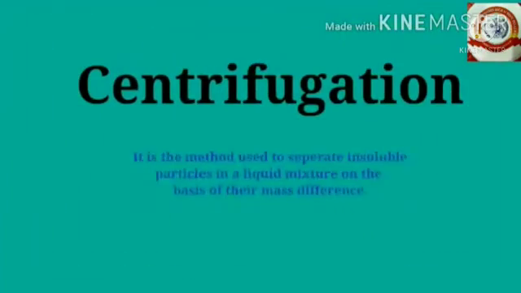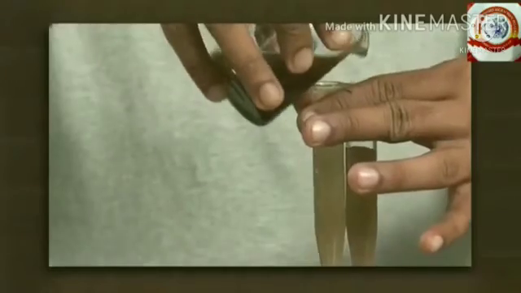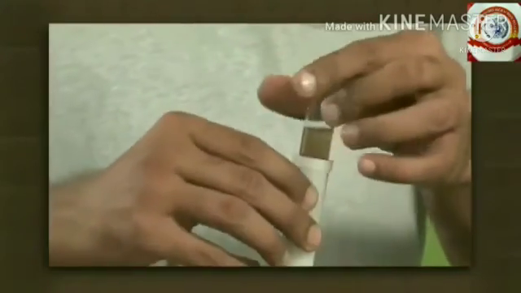The next method of separation is centrifugation. Centrifugation is a method used for separating components from a mixture based on the difference in the mass of particles. Here, we are taking a mixture of muddy water and calcium hydroxide solution for the method of centrifugation.